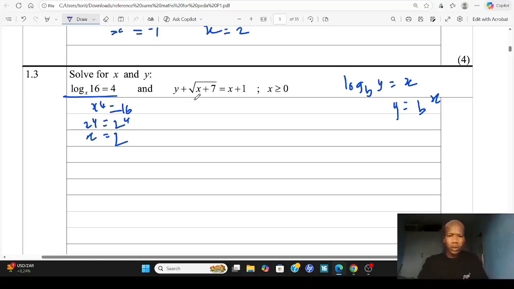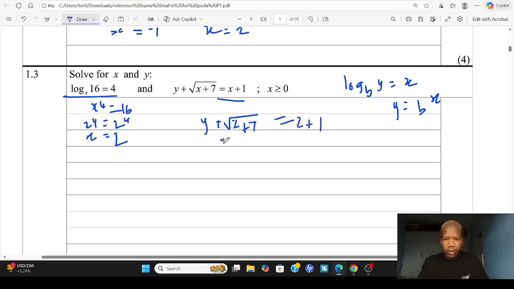Then what we can do is substitute the value of x, which is 2, into our other equation of y plus square root of x plus 7 is equal to 1. So it's y plus square root of 2 plus 7, right, is equal to 3.